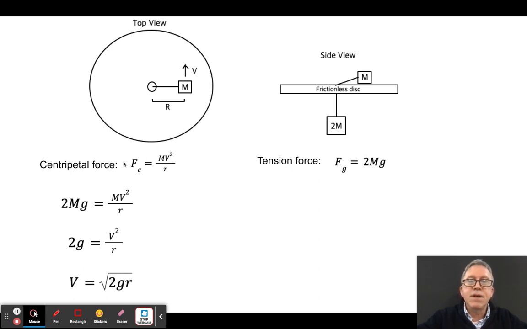So I'm going to put that over here because that's what's providing the centripetal force. It is the pull on the string towards the center of the circle. So that's my centripetal force. So 2mg equals mv squared over r. So the m's, as is often the case, go away. Gives me 2g equals v squared over r. So v in this case is going to be the square root of 2gr.